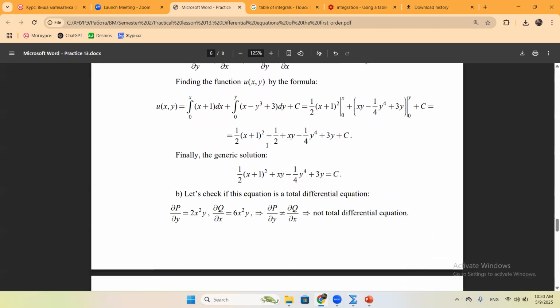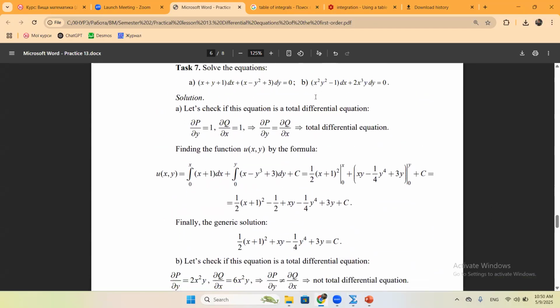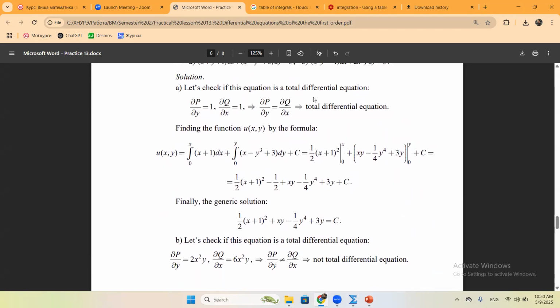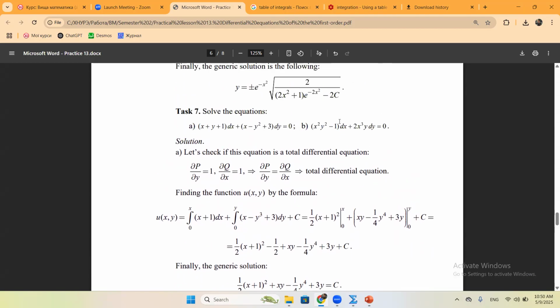And for now, let's just have a look at 7b. So we have the following differential equation: x squared y squared minus 1 dx plus 2x cubed y dy equals 0.